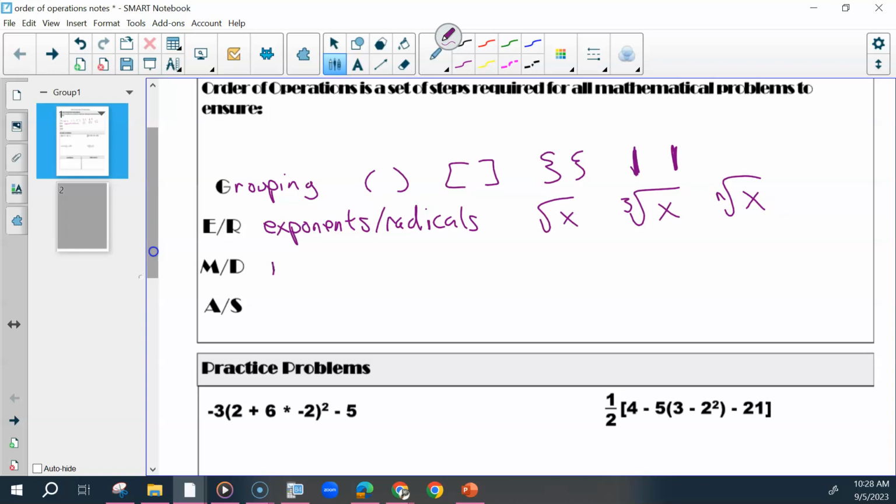And then next is multiply or divide, but reading left to right. So whichever comes first. So if you see a division before a multiplication, as long as you're reading left to right, it does not matter which comes first. And then same thing with addition and subtraction.